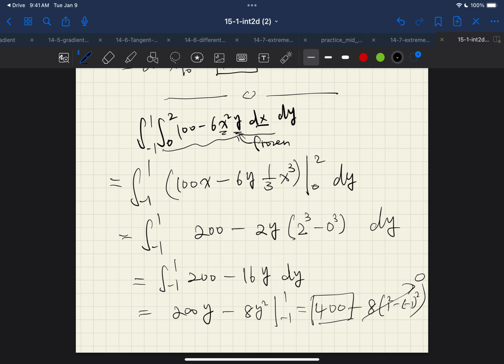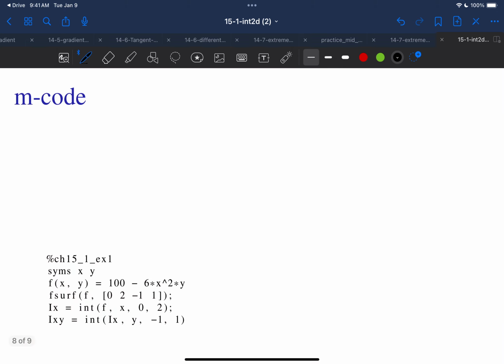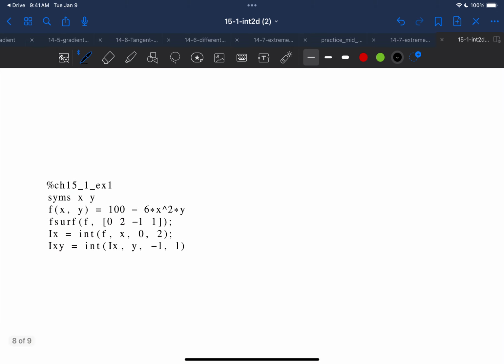So the answer is 400, which is consistent with the other direction computation. All right, there is a small code which uses commands from MATLAB. So we use fsurf to define the function and the bottom, so that the domain, and integral gives you the integration.